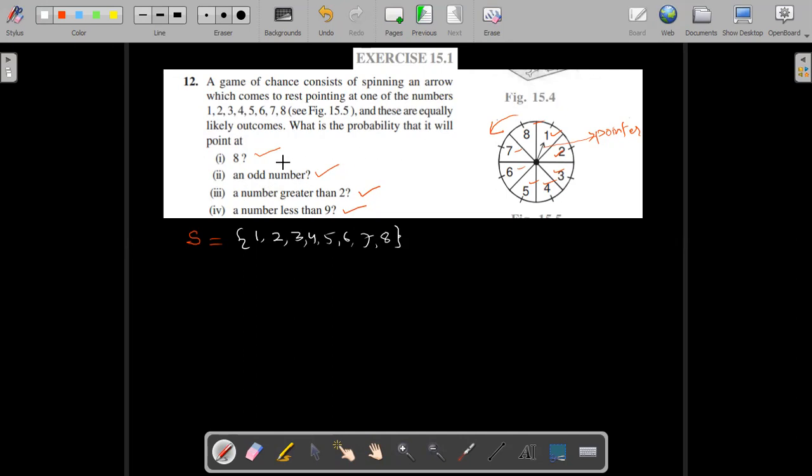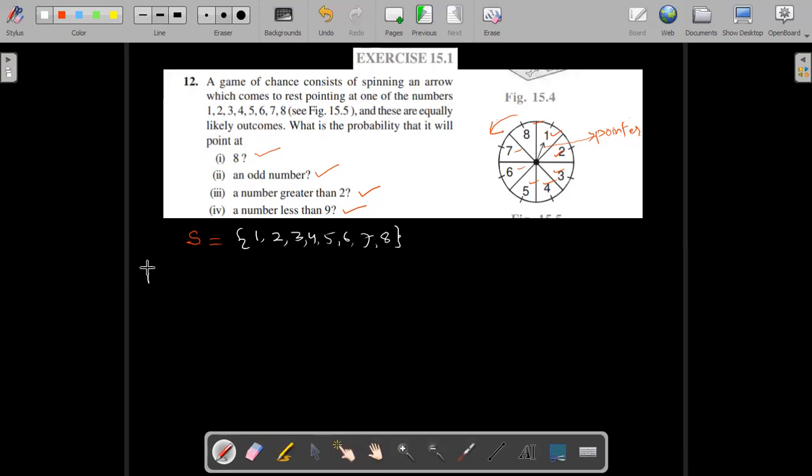Okay. Find the probability that it will point at 8. There is only one 8 on the spinning wheel. Favorable number of outcomes is 1 only. So 8 can come only one time.